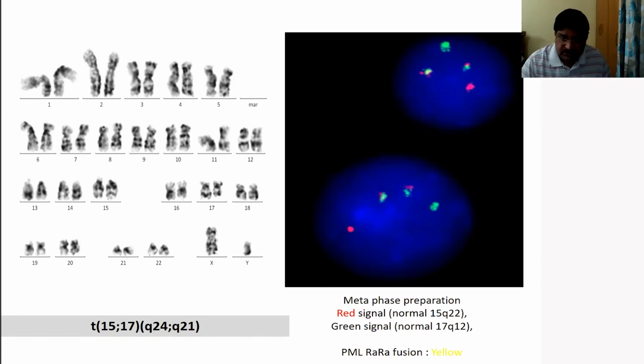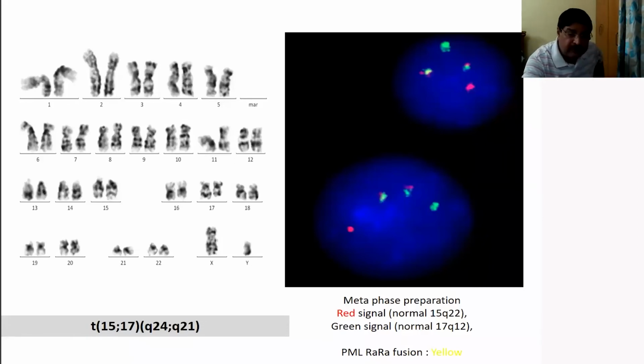So this is a metaphase preparation. You can find that the red signal is normal and the green signal is also normal, and there is a fusion when it is yellow in color. So red, green normal, and the fusion signal will be yellow, just like you have with the t(9;22) translocation.